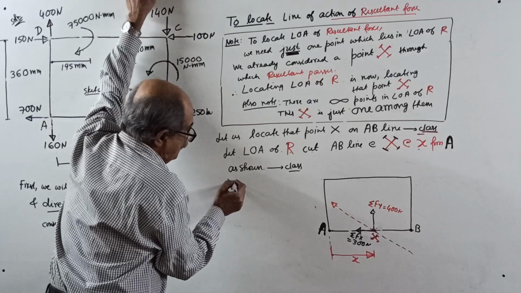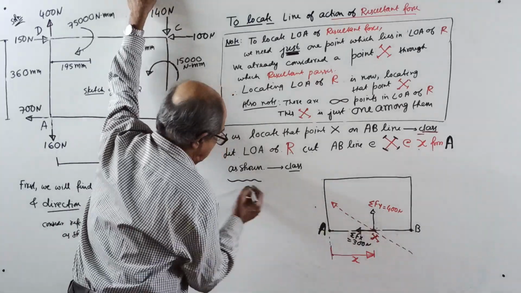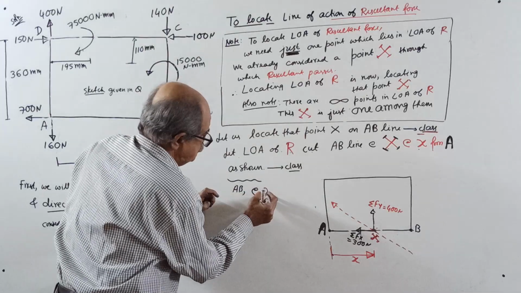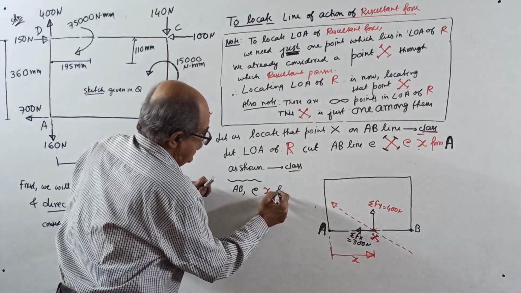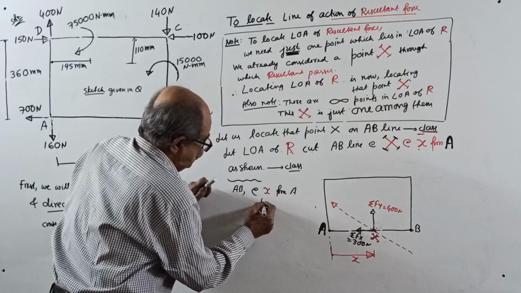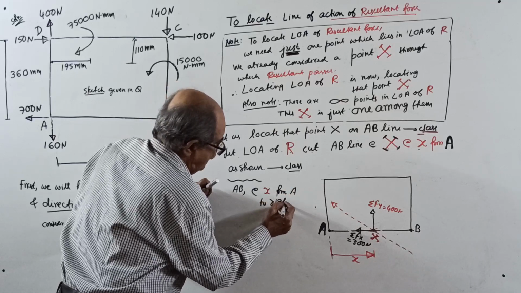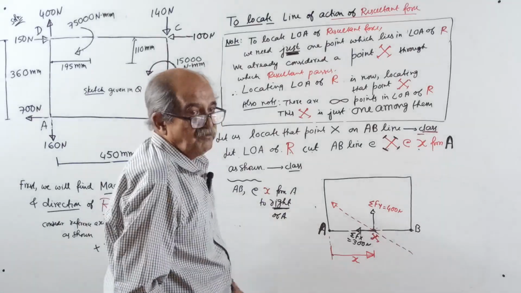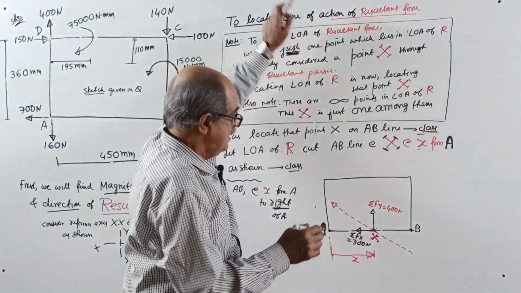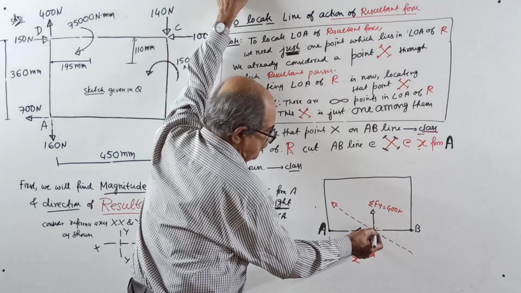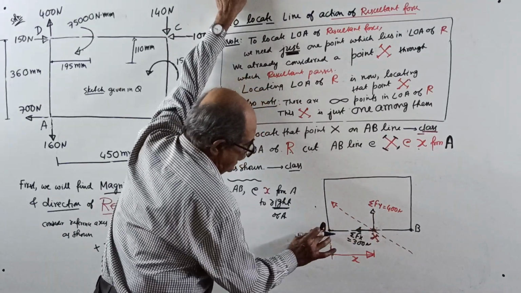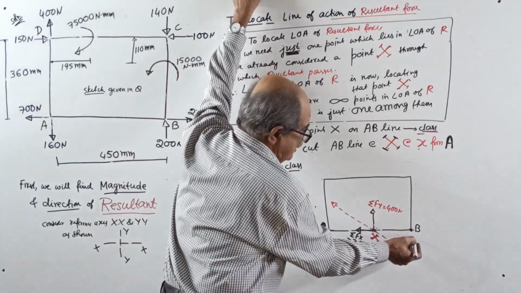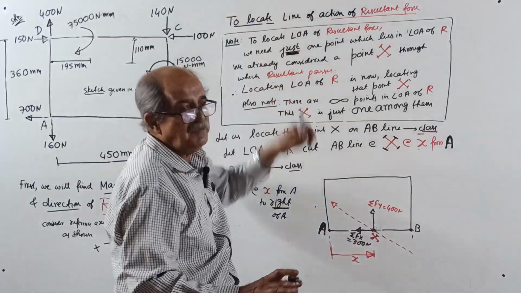You should write here: we are considering the point x on the AB line at a distance of small x from A, to the right of A. That's very, very important. Why? Because of the sign problem later. Our assumption is that the point is here, from A, to the right side. We do not know where. Suppose you take B, you have to mark this way, on the left side. Okay, leave it now.